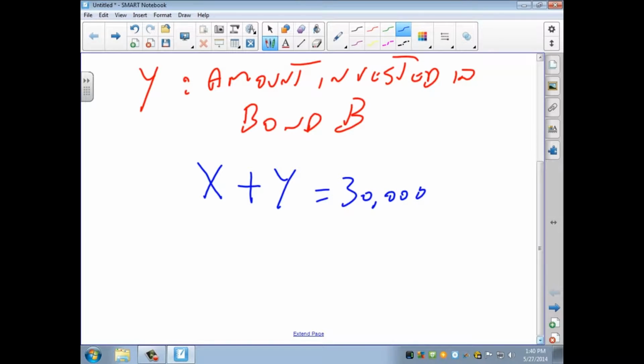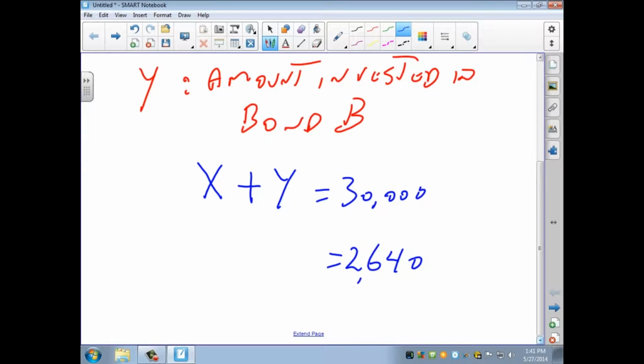Then it says, the total interest that she earns at the end of each year is $2,640. So this $2,640 is the interest earned from both of these. How much is she getting out of bond A?